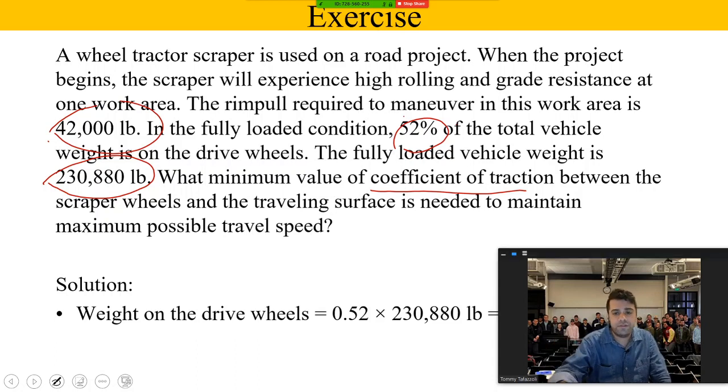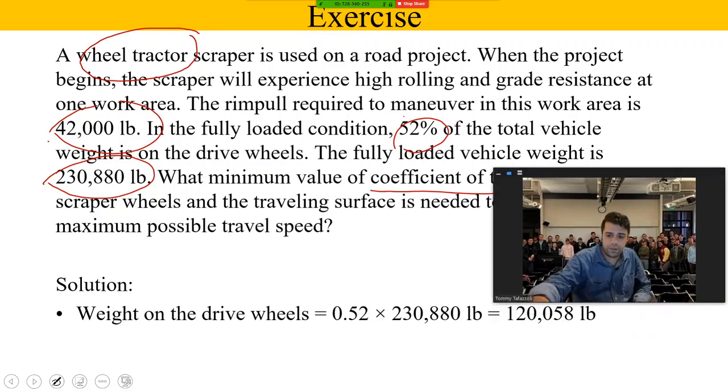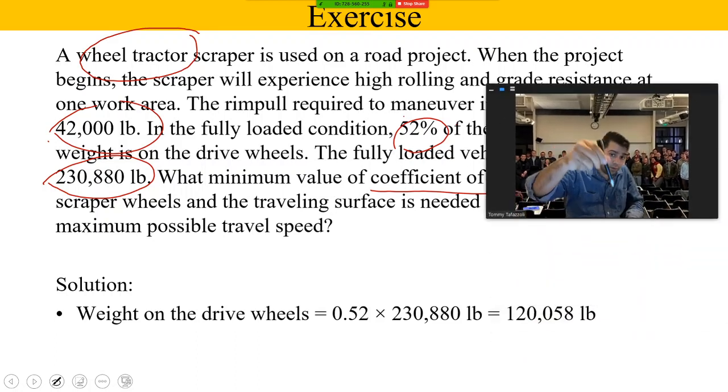It is saying 52% of the total vehicle weight is on the drive wheels. What we care about is the load on the wheels for a wheel tractor. We do not necessarily need the weight of the equipment. We want the load on the wheel, the weight that the wheels are carrying.